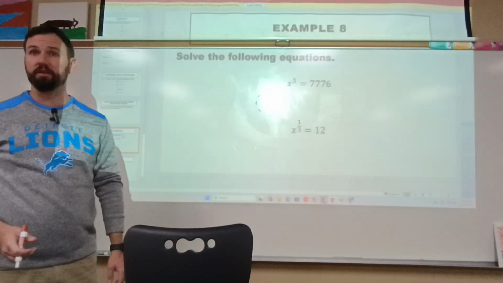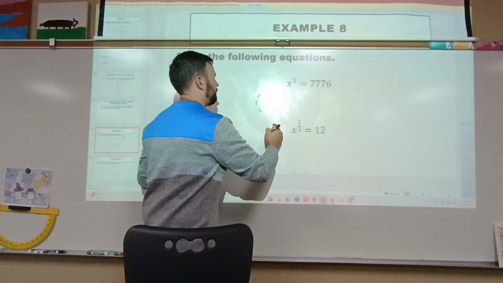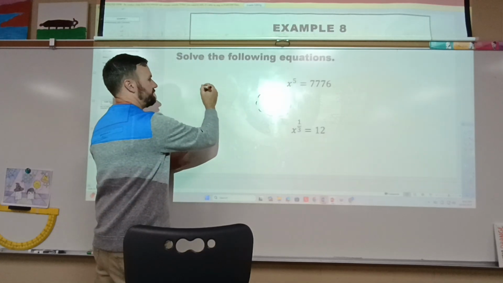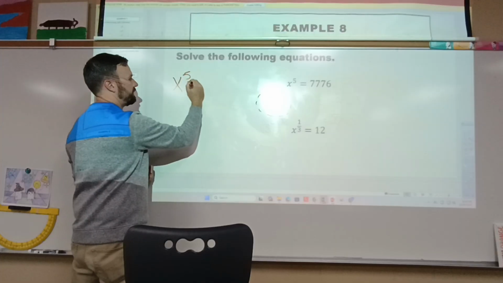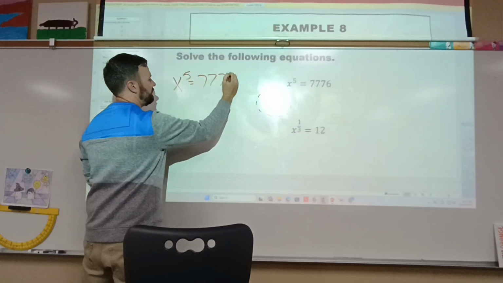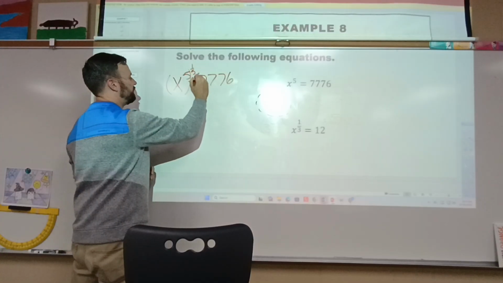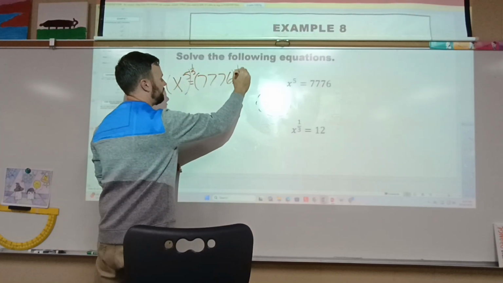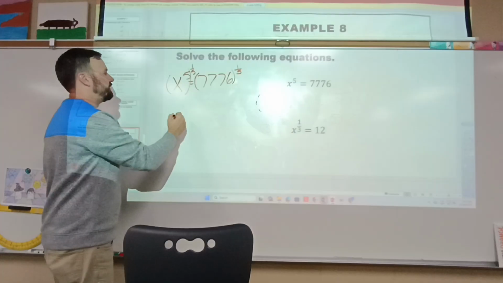Can I get rid of an exponent? Yeah, I can. I'll rewrite over here so I have more room. What if I take both sides to the 5th power? Can I do that? Yes, right? As long as you do it to both sides, you can solve an equation.